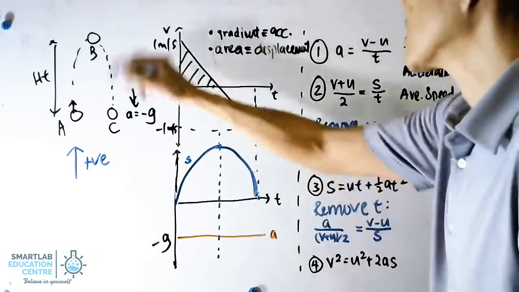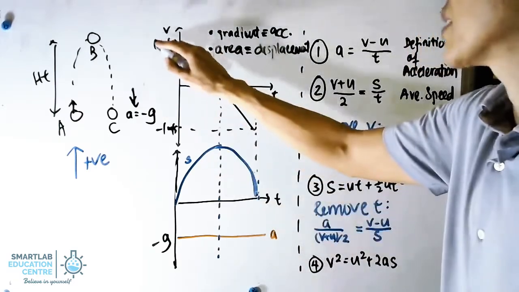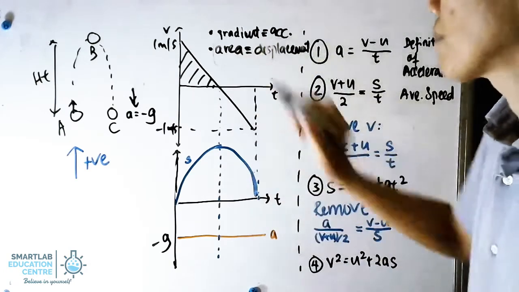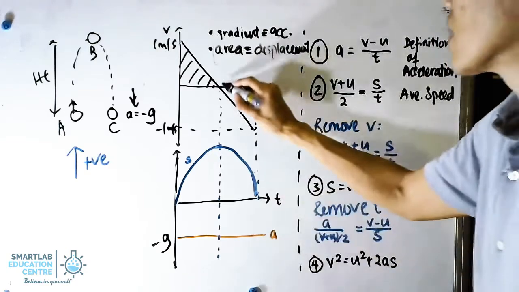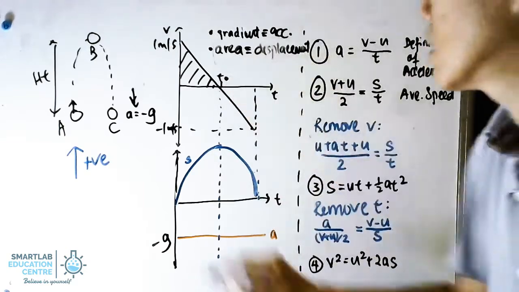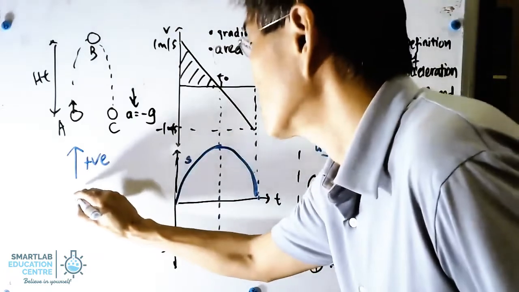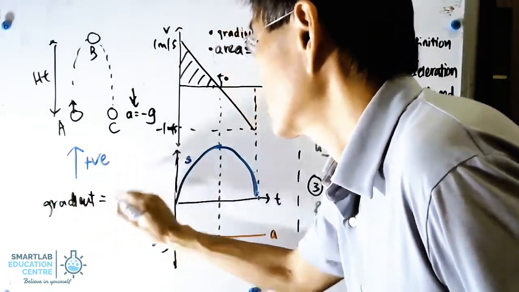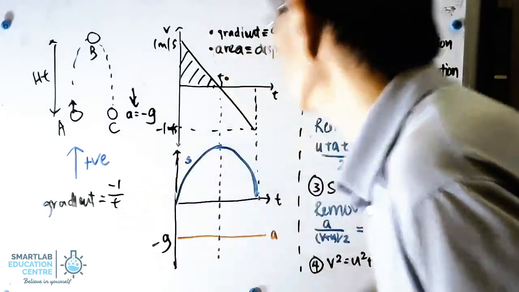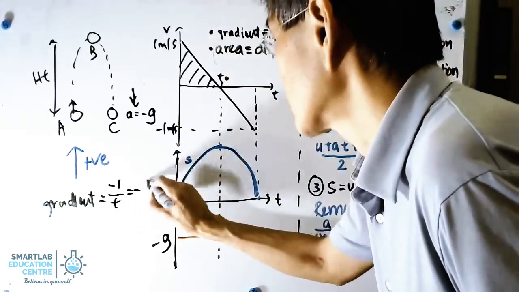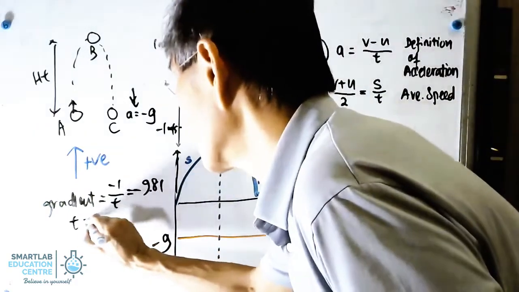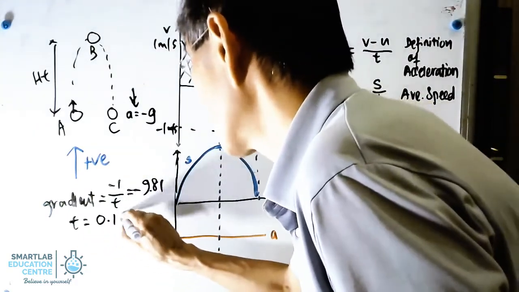Assuming this is 1 meter per second and the gradient is 9.81, we could let this be t naught. In terms of the gradient, minus 1 divided by t is equal to minus 9.81, and so in this case, your t will be 0.1 second.